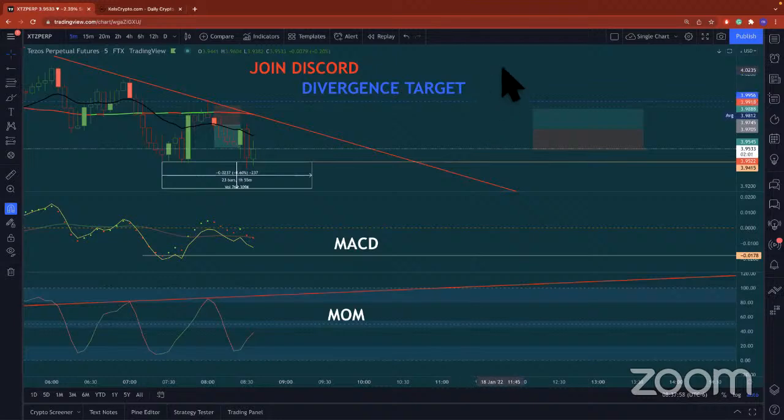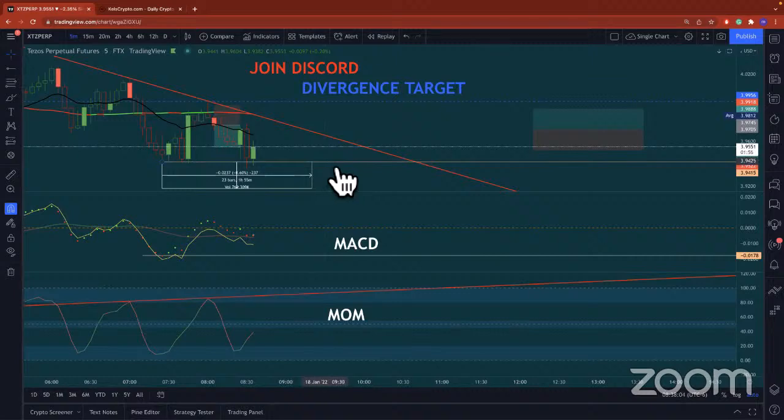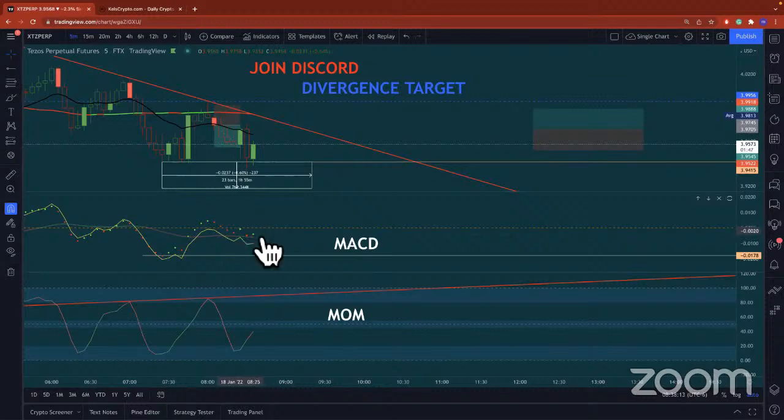You see how the oscillator bottom is good support right now for it. It tried to break it twice, didn't break it, and looks like we're starting to try to head back up.